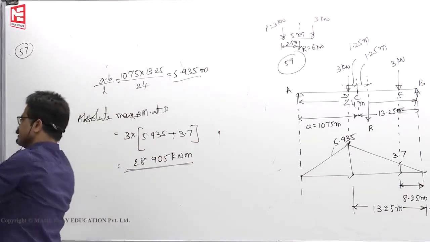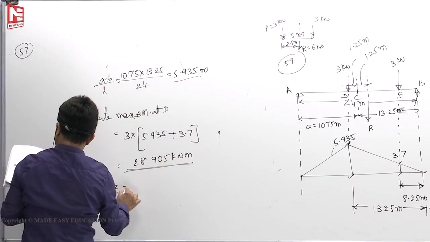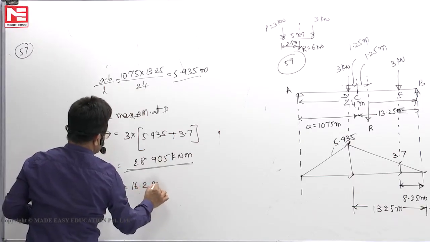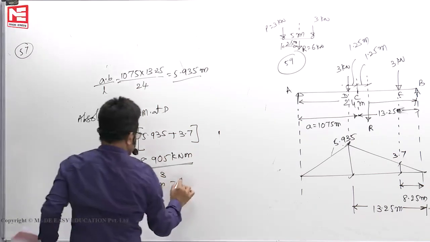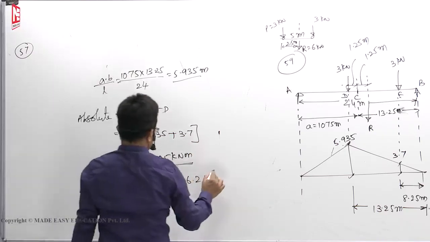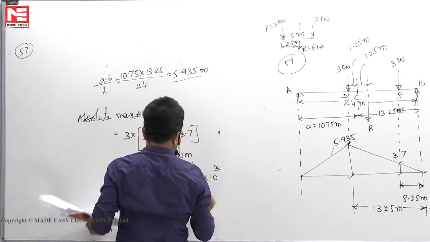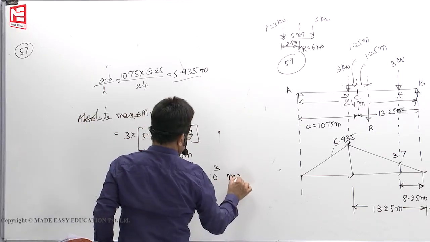And this problem we solved in the class also. Section modulus is given 16.2 centimeter cube. In other words, 16.2 into 10 to the power of 3 mm cube.